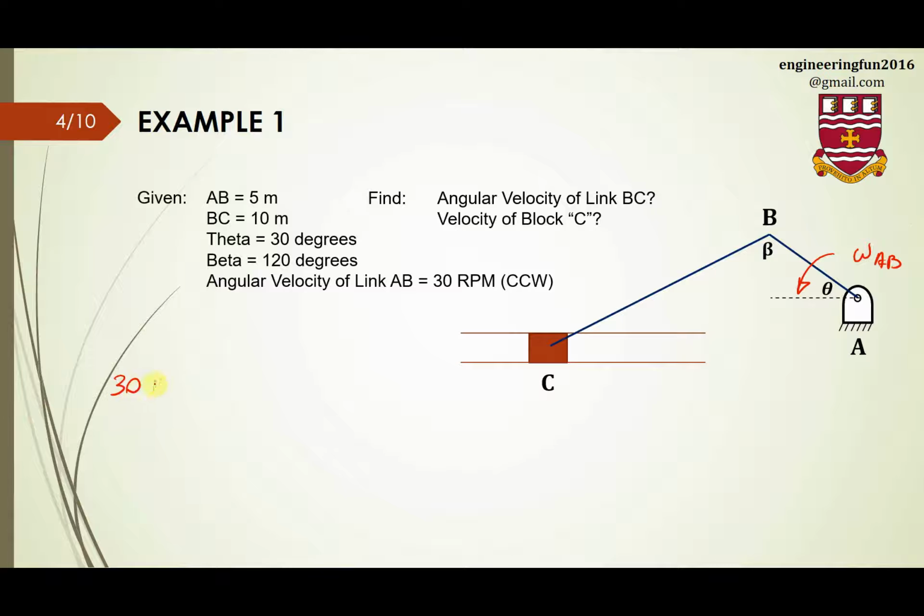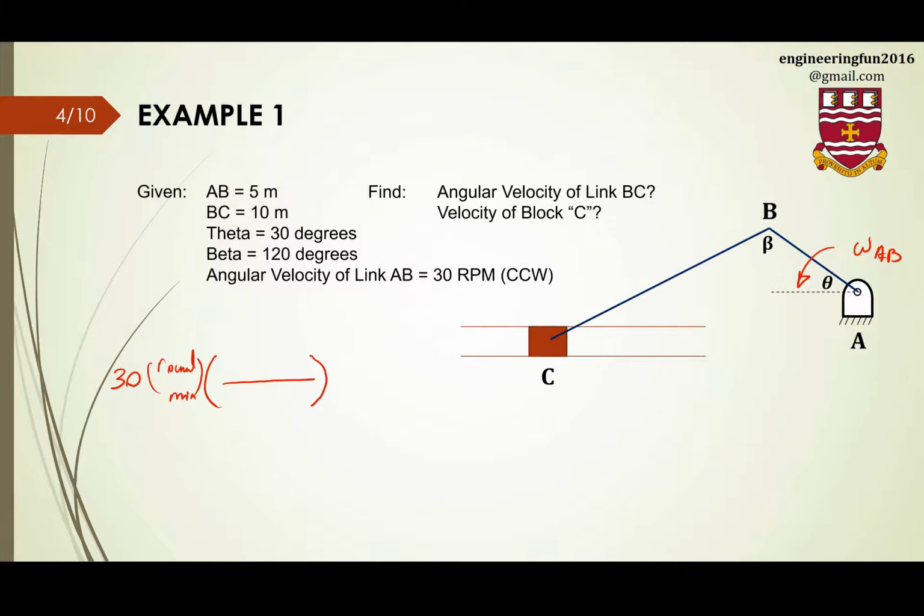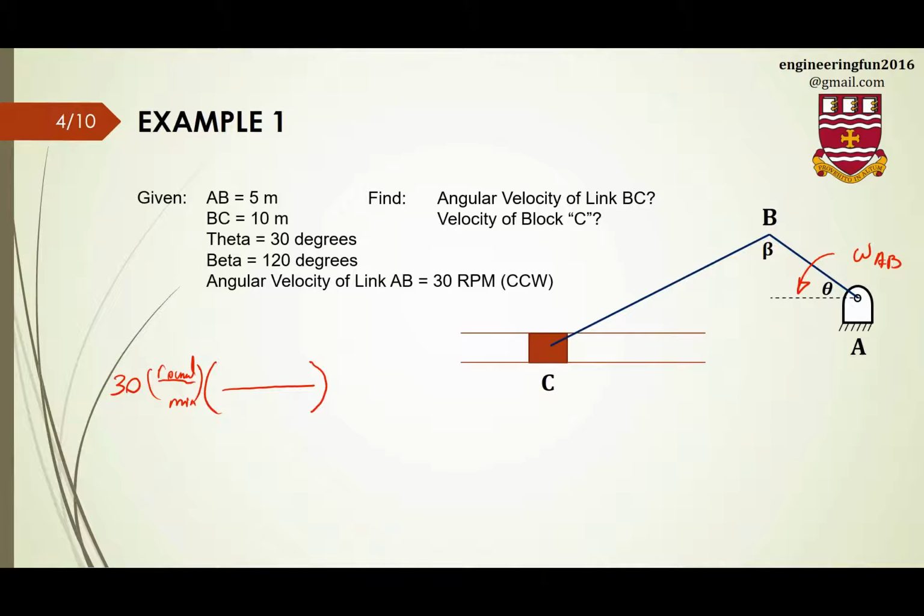So 30 RPM equals to... This RPM is round per minute.